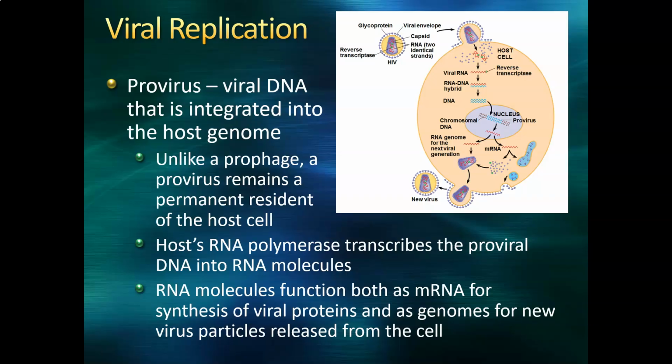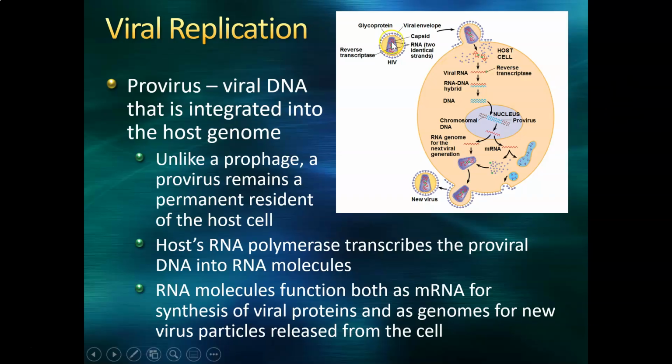Proviruses, while we're on the topic of getting that genetic information into its host's genetic information, sort of similar to that idea of a lysogenic cycle in a bacteriophage. Viral DNA that is integrated into a host genome that is not a bacteria, we talk about that as a provirus.